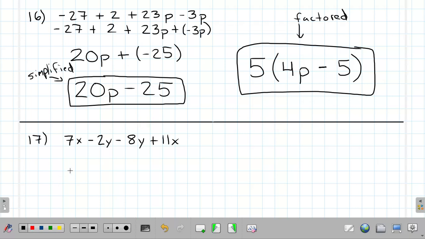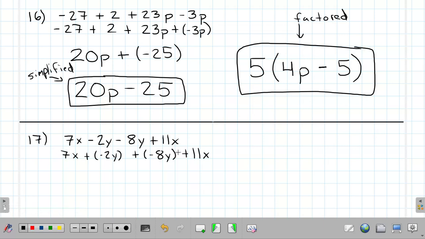Okay. So number 17, same kind of thing here. In this case, we actually have two different variables, so we do have to be careful here. We've seen questions like this before, but at the same time, I am going to write it as a sum so I can see what I can combine together term-wise.